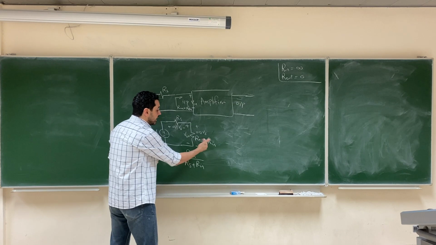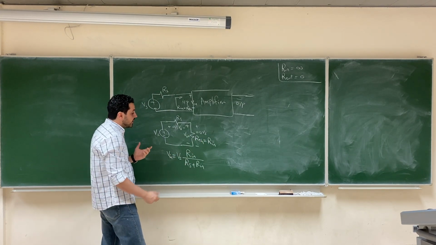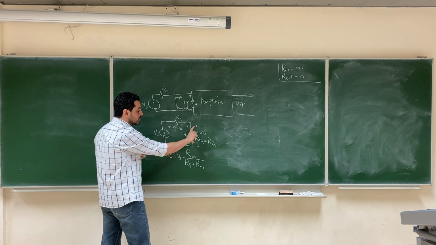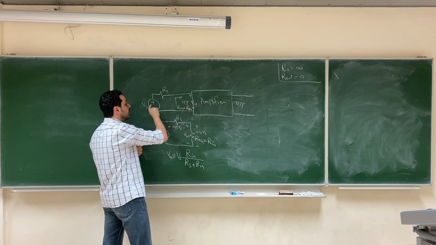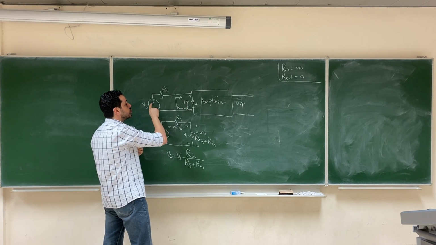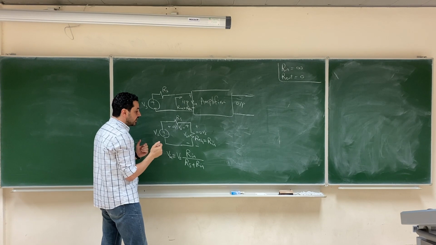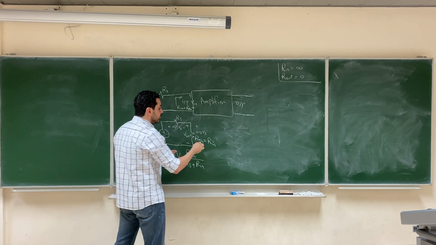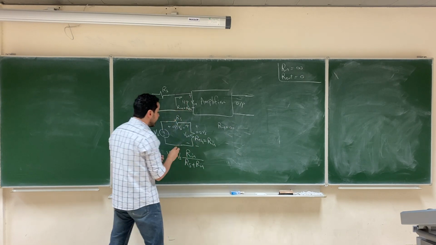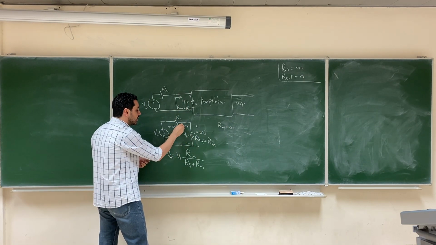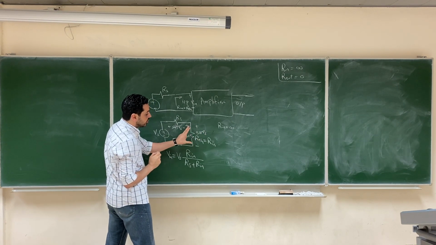But as the input resistance of the amplifier increases, what will happen? More voltage will come to the input of the amplifier. As R input increases, a greater ratio of the source voltage will go to the amplifier and be amplified, until R input reaches infinity. If R input reaches infinity, then all the voltage will go to R Thevenin or R input.